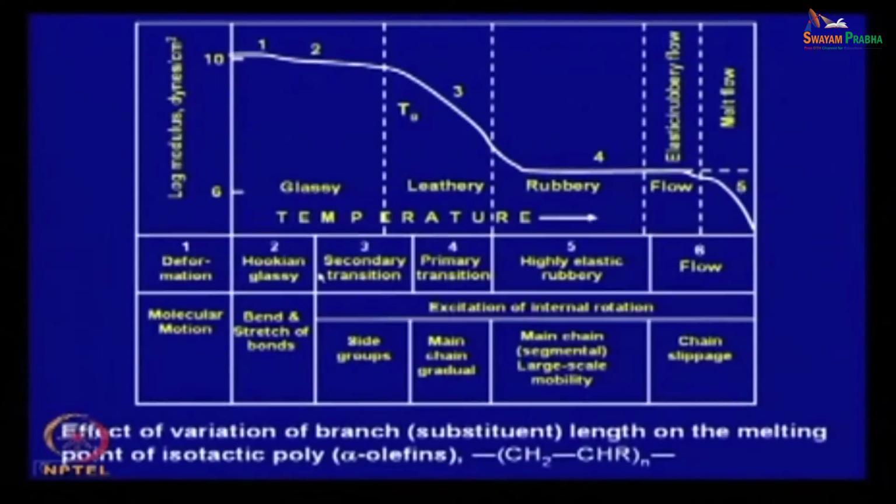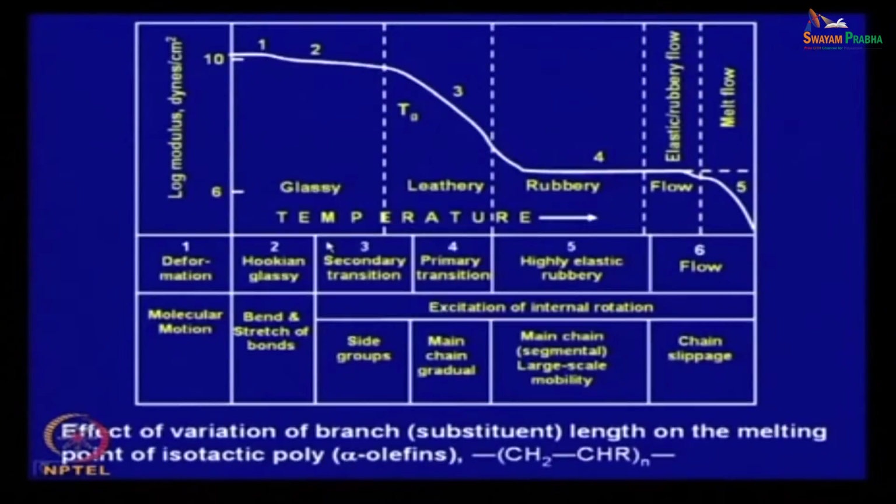From here you can understand, first of all, what happens on application of mechanical stress as well as heat. There will be stressing on the chemical bond, that means the energy is applied in two different forms, which helps the deformation of the material, and that will be further augmented or accelerated by increasing the temperature.